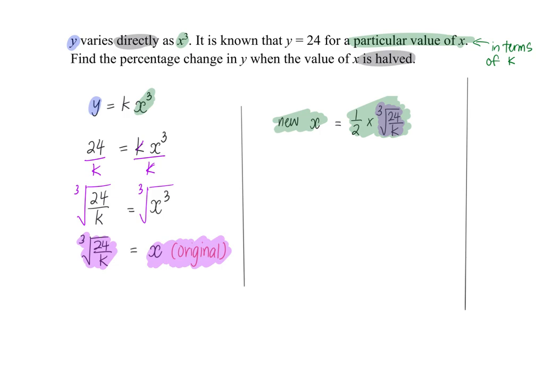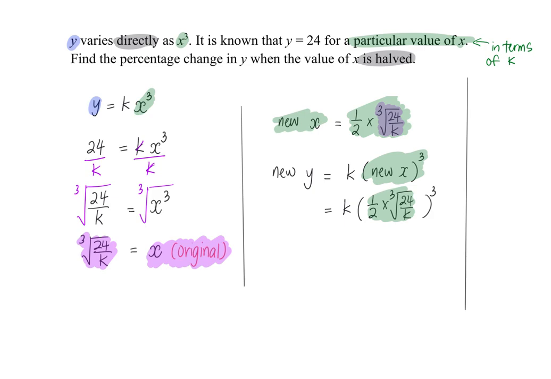Okay? And since the relationship deals with cube, Mr. Tan will cube. We have to cube this particular new value of x when I want to find the new value of y. And when I do that, it becomes as such.